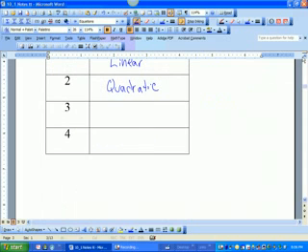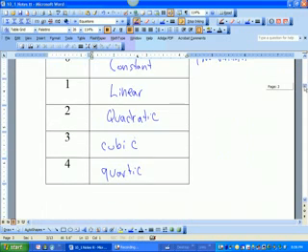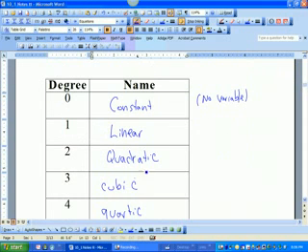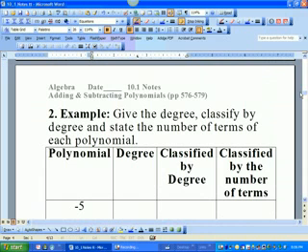Anything with 3, we call cubic. Anything to the 4th power, we'll call quartic. Anything to the 5th power, we'll call quintic. We have names for those on and on, but usually 1 through 4 is all you should know, 1 through 3 for sure. 4 is kind of nice as we move on into some higher functions.